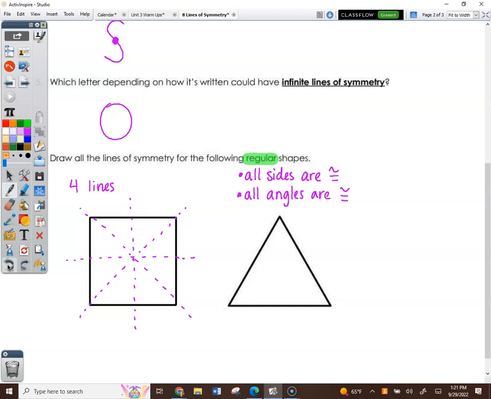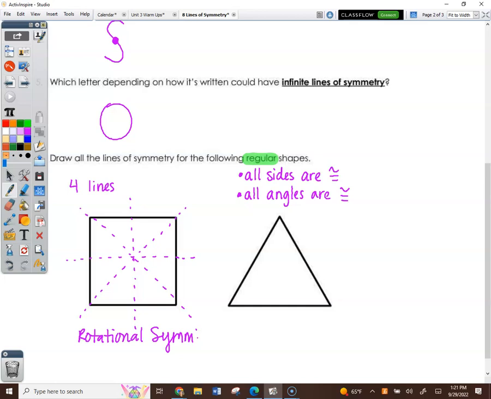I want to add to this, y'all. I want you to come right here. I want you to tell me the degrees of rotational symmetry. List the ones that matter. So does 0 matter? No. 0 does not matter. What's the other one that does not matter? 360. 360 does not matter.